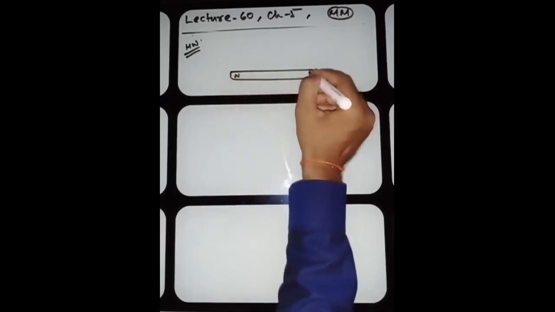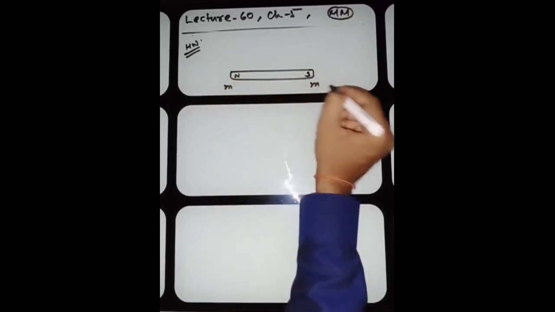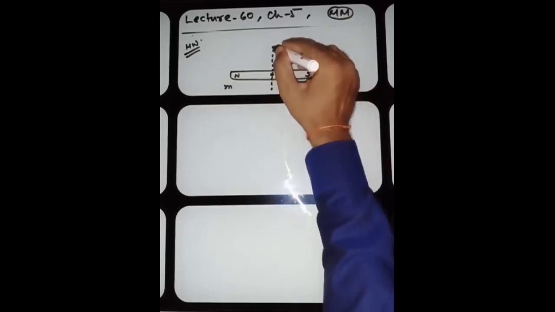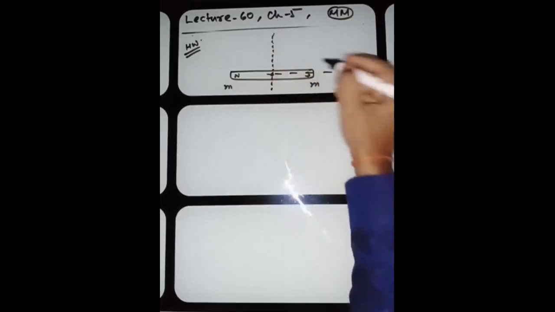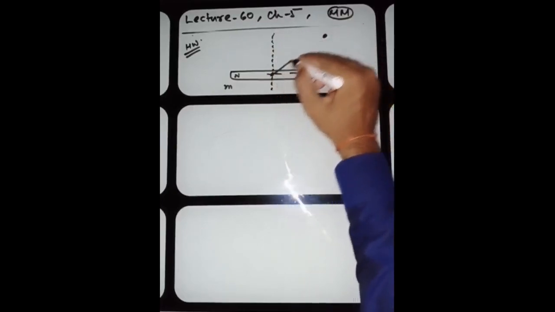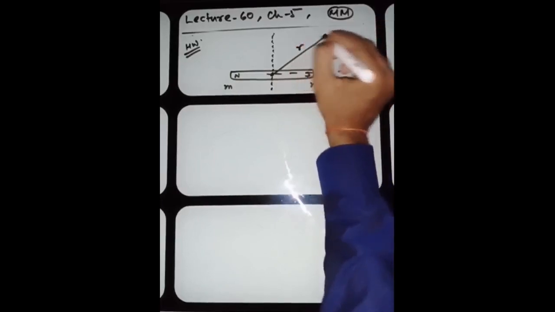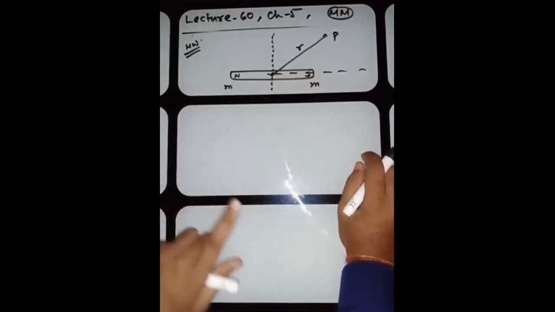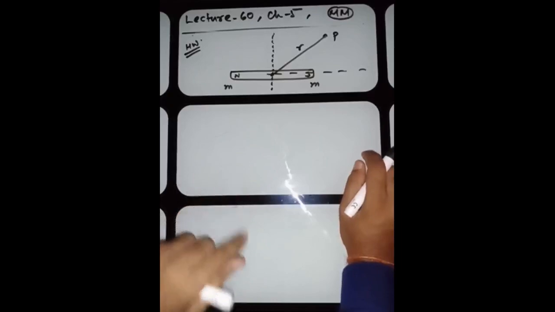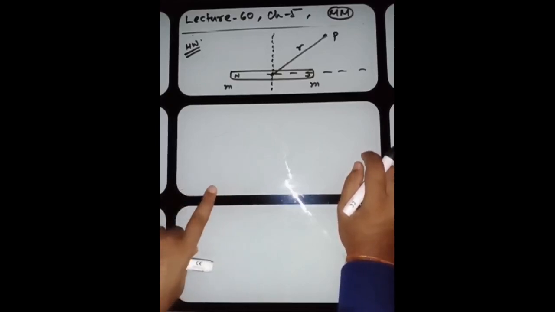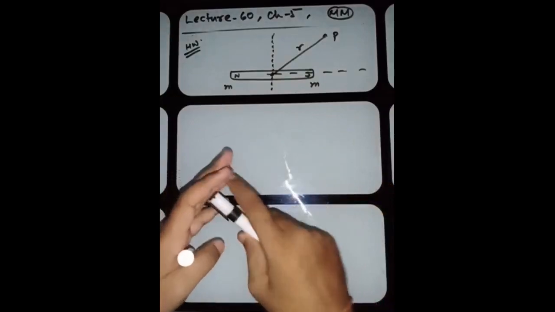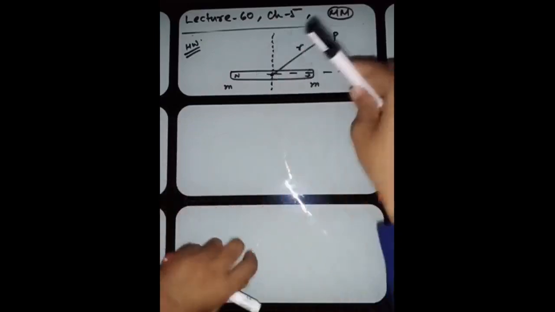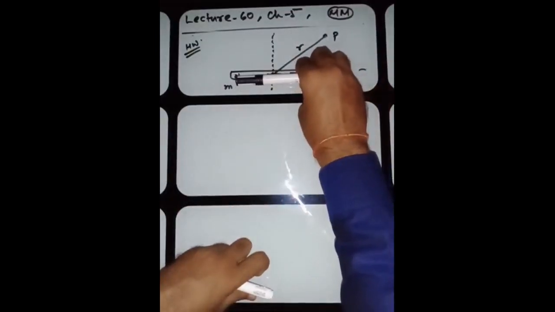This is the north pole, this is the south pole, of the same pole strength M. From the center I'm not taking the axial point, but any point in the space, at a distance r, and you have to find the net magnetic field at point P. This is your question. As I have just taught you in the last chapter, break the dipole moment in two directions.